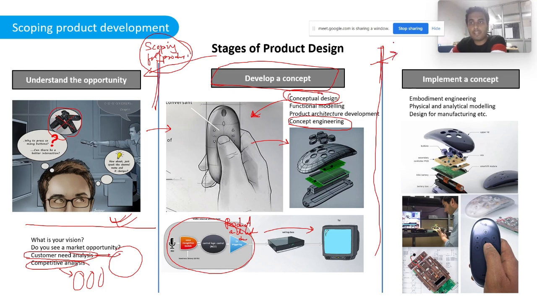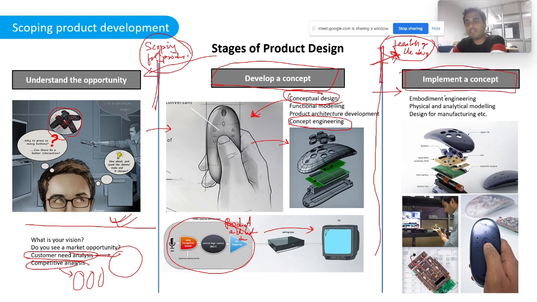So for example, a checkpoint can be feasibility of the design. Okay, there can be others also. There can be multiple filters which you use to evaluate your concepts, and when you get a green signal, you then move to the next phase, which is implementing a concept.